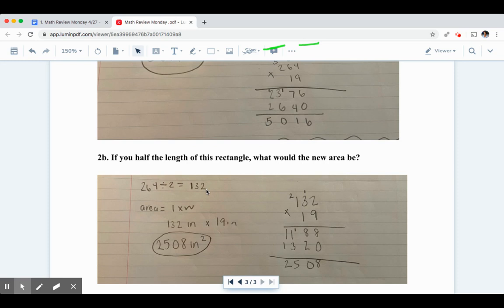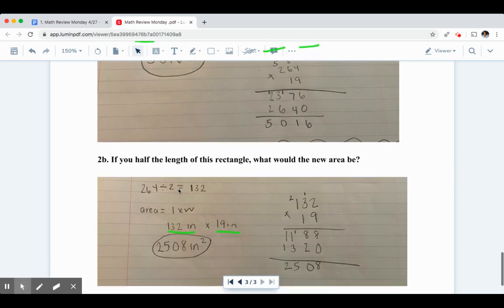And then we go through the same process to find our area. Area equals length times width. So you would need to multiply 132 inches times 19 inches. After using the algorithm, your final answer should have been 2,508 inches squared.